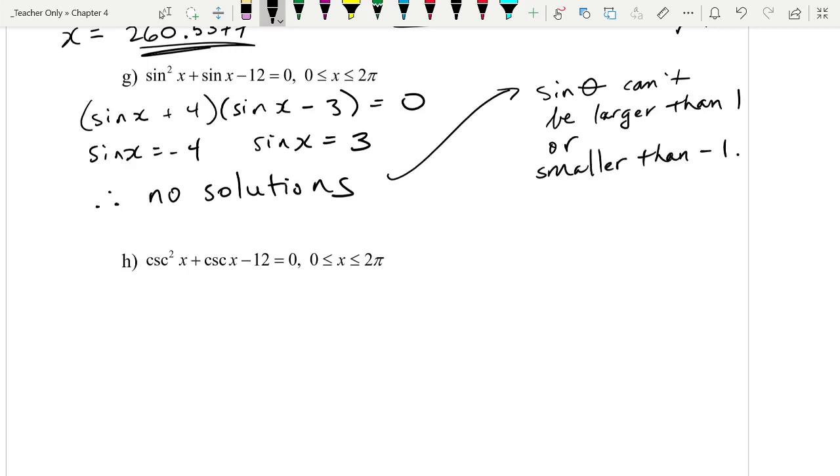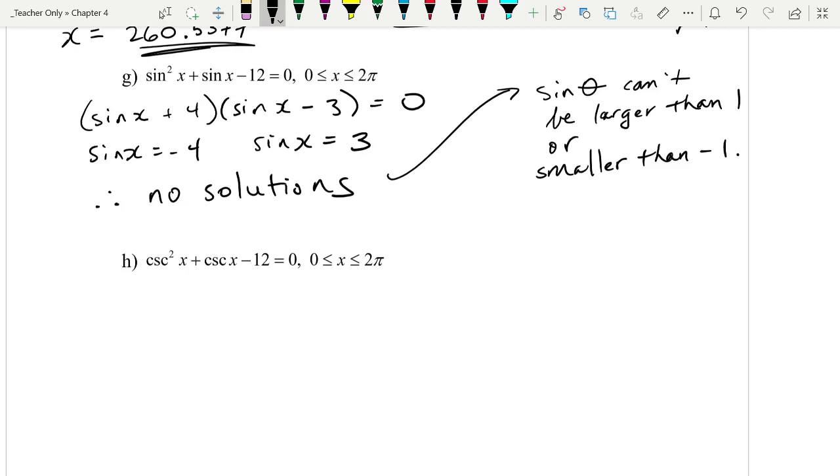Remember that the very definition of sine, back in grade 10 when you first learned SOHCAHTOA, was that it's the opposite divided by the hypotenuse. Hypotenuse has to be the largest side, right? Sine of an angle still has to be, at the end of the day, a number between 1 and negative 1. It can't be bigger than 1 or smaller than negative 1. So that doesn't have any solutions to that equation.